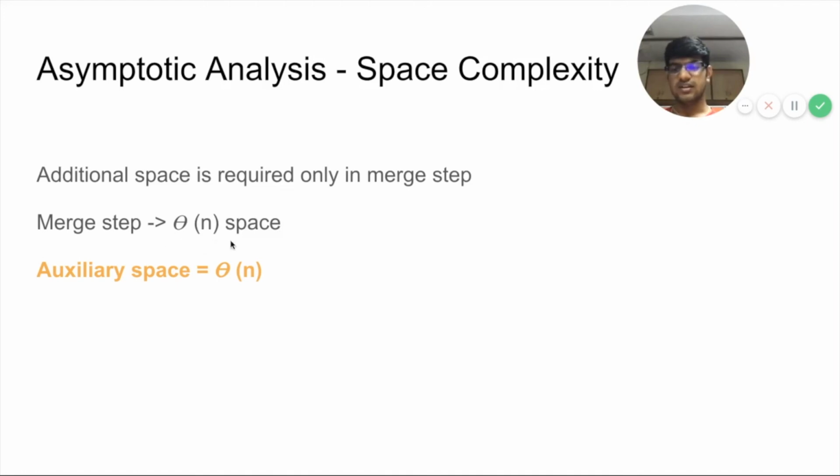With this analogy, the largest amount of extra space will be required only when the two halves of the original problem are to be merged, in which case the additional space required will be equal to order n, where n is the length of the array that was initially given to us. Hence, the space complexity for the merge sort procedure is also theta(n).